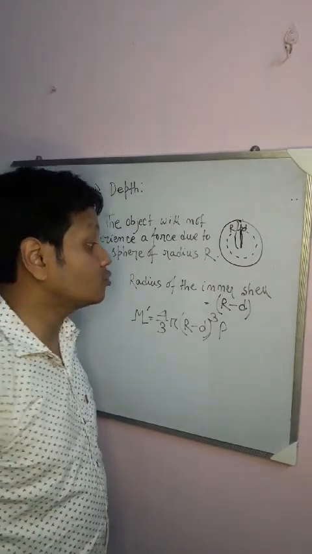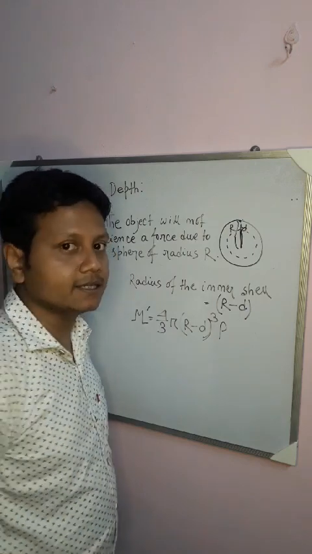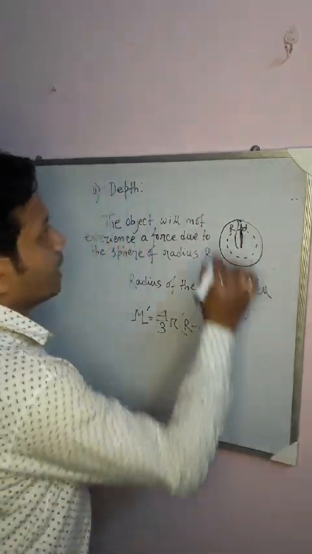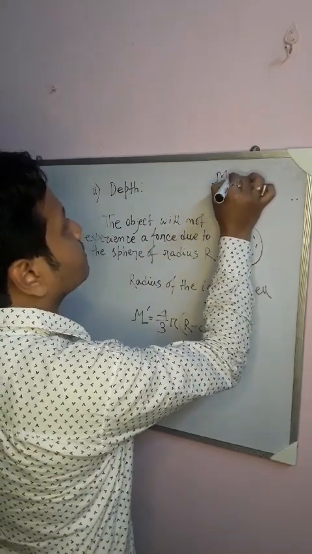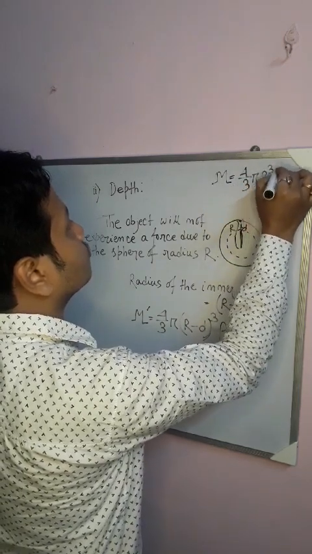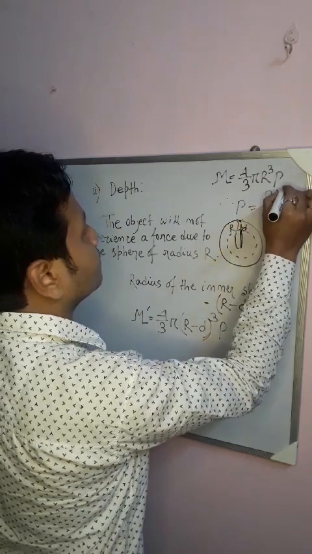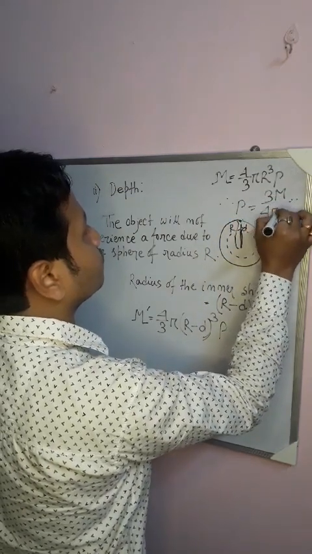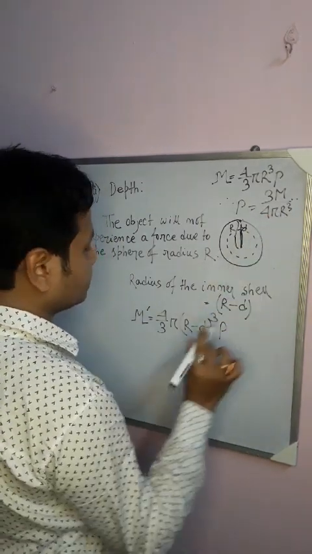That's why we write rho as mean density. If M is the mass of Earth, then we can write M equals 4/3 pi r cube rho, from which we can write rho as 3M upon 4 pi r cube. So we can put the value of rho in this expression.